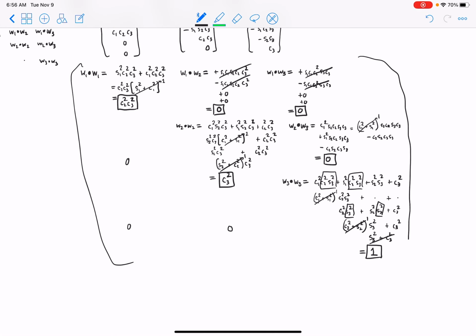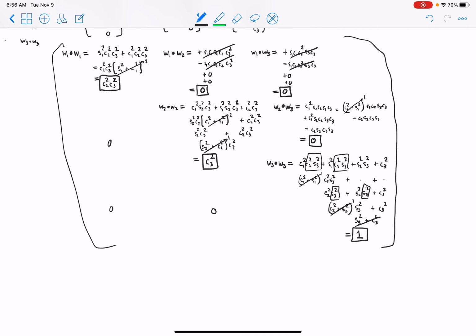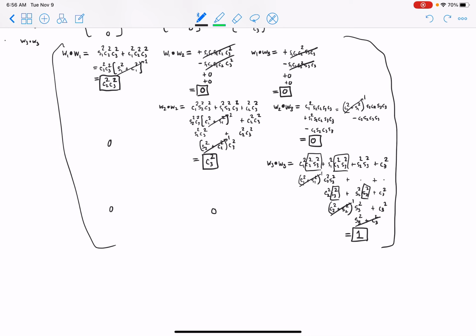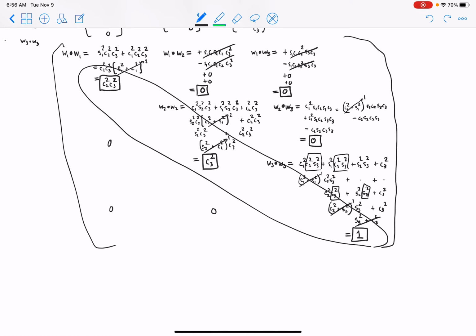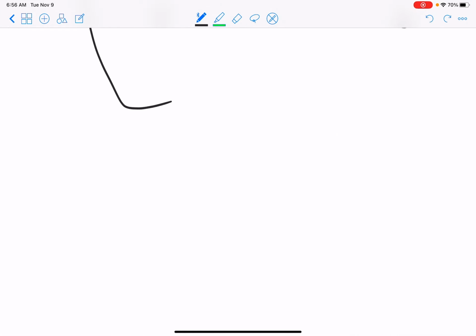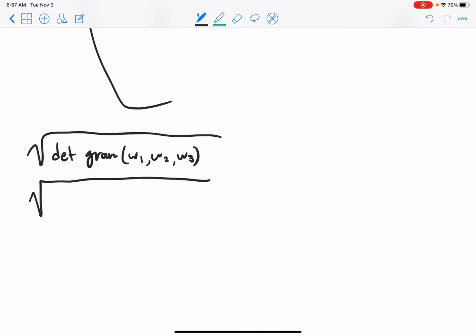Okay, here's our 3 by 3 gram matrix. Now, all the entries are 0, except the entries on the diagonal. And so the determinant of this matrix is just multiply these entries on the diagonal. 1 times C3 squared times C2 squared C3 squared. Okay. So the determinant of the gram matrix of W1, W2, W3 was equal to, and let's take the square root, and then let's take, what was this determinant?